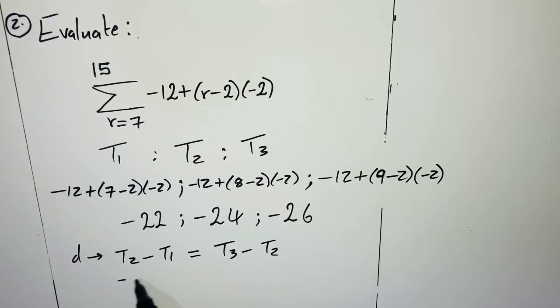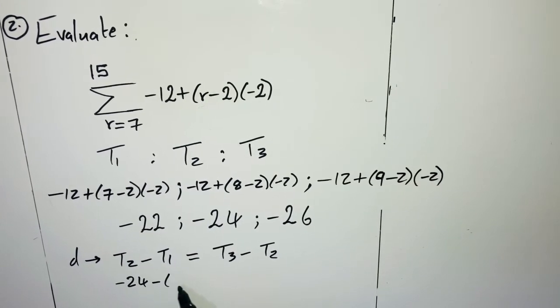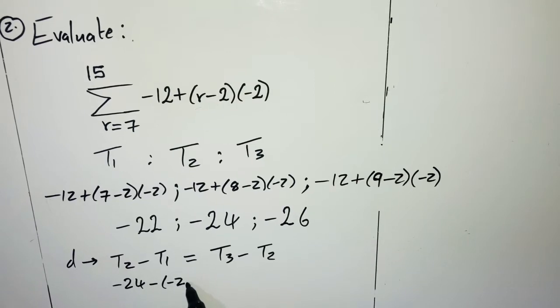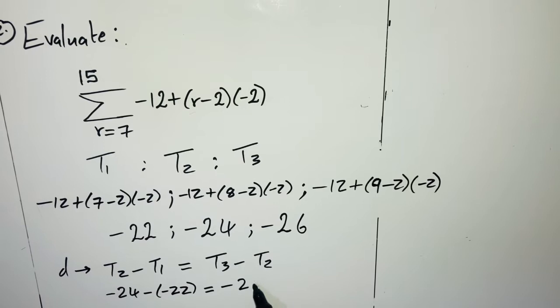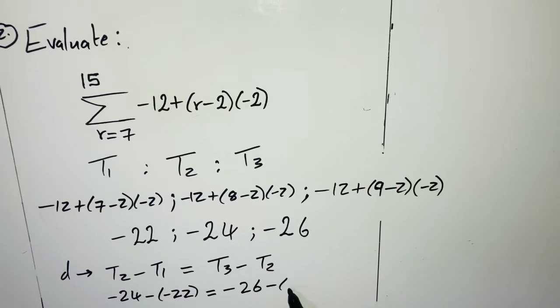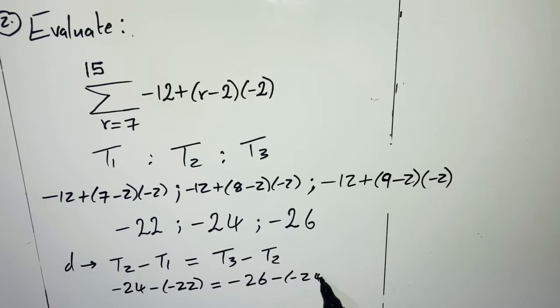T2 is negative 24 minus negative 22, equals T3, negative 26, minus T2, negative 24.